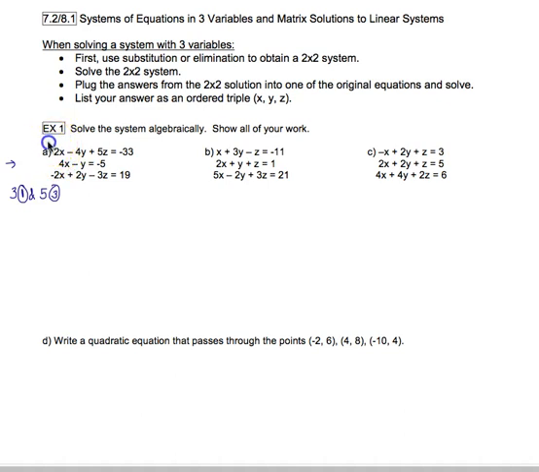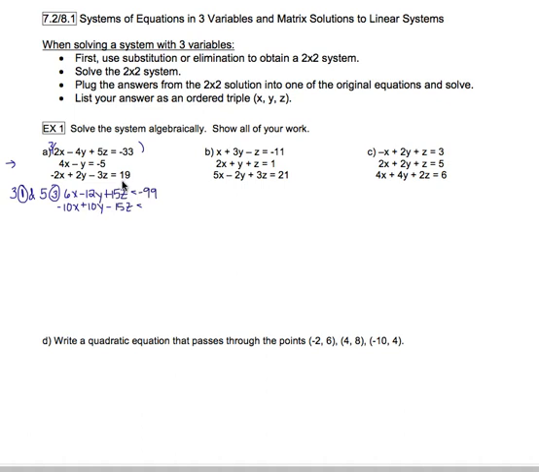So when I multiply equation 1 times 3, that's going to give me 6x minus 12y plus 15z equals negative 99. Then, when I multiply equation 3 by 5, that's going to give me negative 10x plus 10y minus 15z.